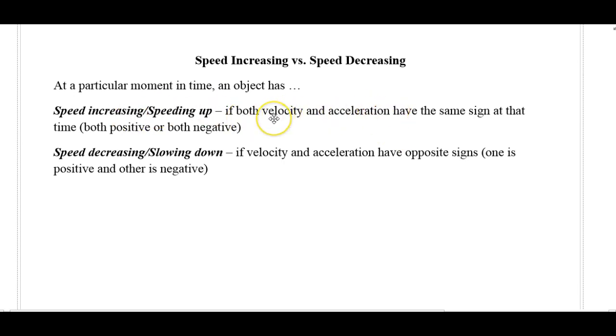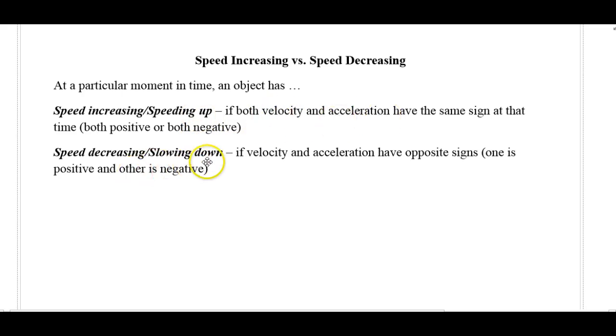Similarly, although it would be really dangerous, you could be in reverse, so your velocity would be negative, going backward, but you could still be accelerating in a negative direction by stepping on the gas. So if velocity and acceleration both have negative signs, you're going backwards and still speeding up, just in reverse. Dangerous, but possible. That is an example of speeding up, with velocity and acceleration having the same sign.